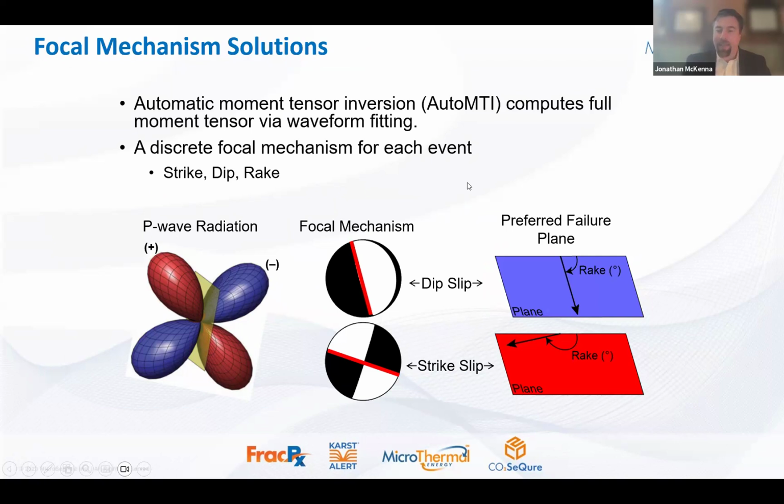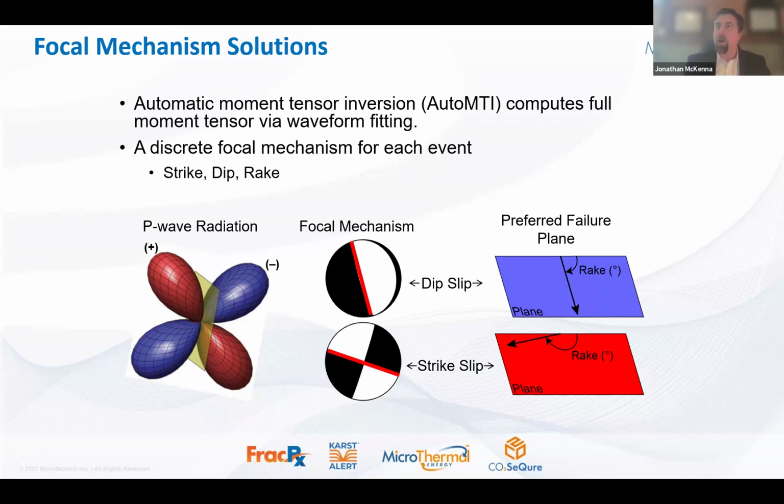Like I said, one of the biggest benefits from monitoring from the surface, actually, there's two really big ones. A big one is that we can monitor the entire treatment from toe to heel, and our uncertainty and event location accuracy is the same whether you're going from toe to heel or from shallow or deep.